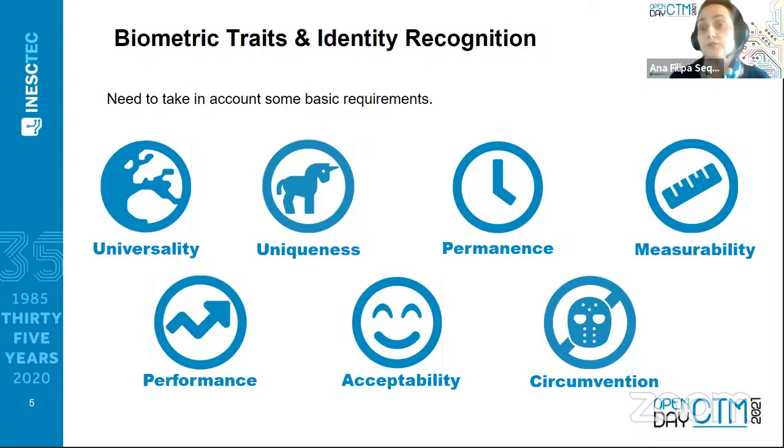They need to be universal, unique, permanent, at least to a certain degree. They need to be measurable. They need to achieve a certain performance. They need to be accepted by the user, and they need to be resistant to circumvention to a certain degree also.